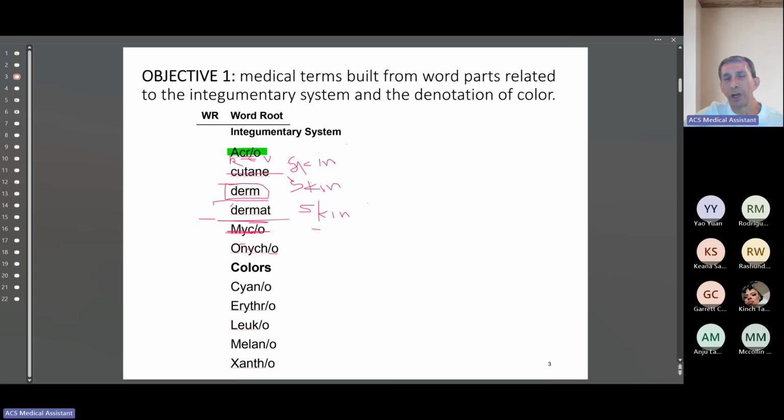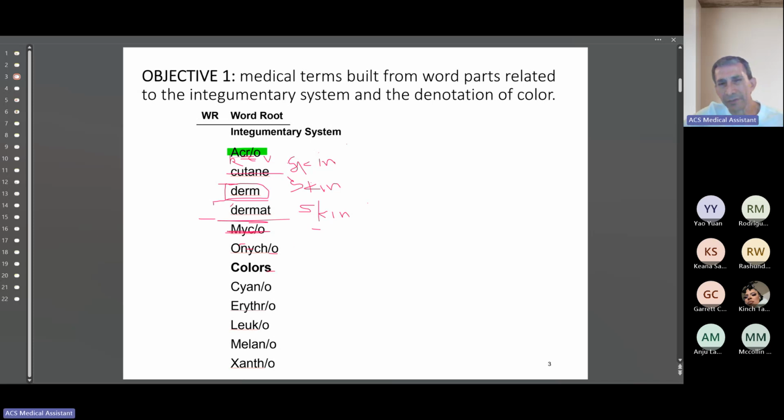We don't know the other part yet and it's not well known, so I don't want to go into that until we find the other part. We first focus on the word roots. So myco means fungus.